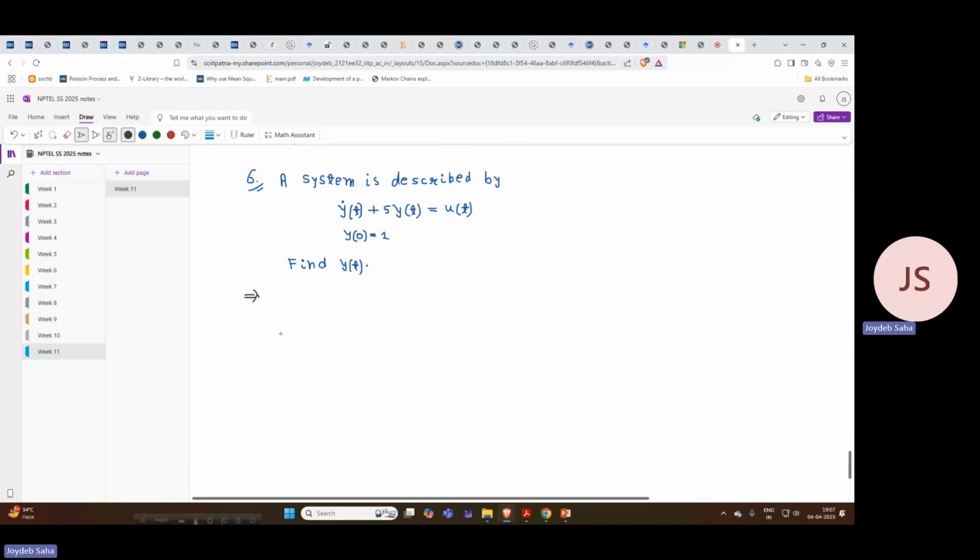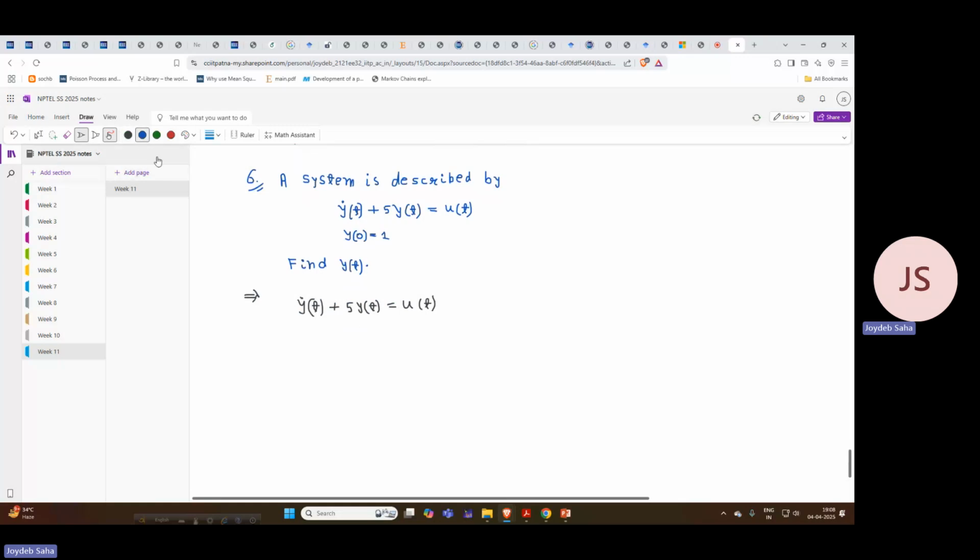Okay, so let us try to solve this problem. It is given that y dot t plus 5 yt is equal to ut.